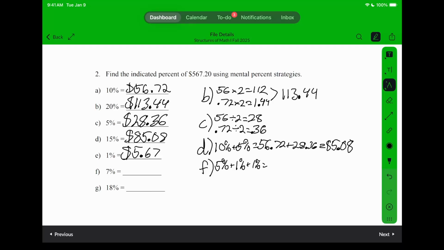Which is equal to the 28.36 plus 5.67 plus 5.67, which is equal to 39.70.